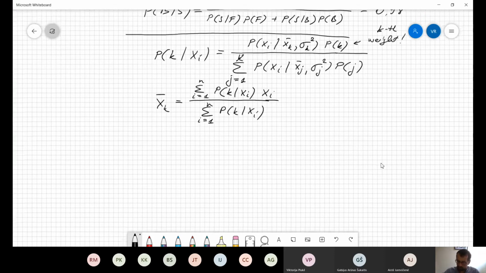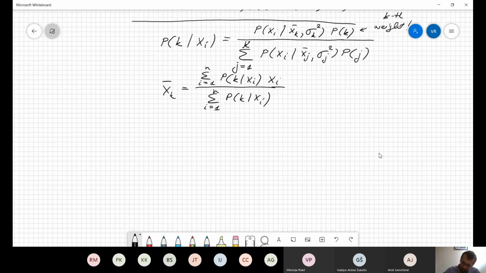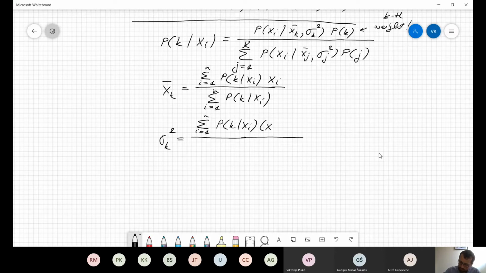Okay, so this is the calculation for the mean, and the calculation for the variance of each cluster is very similar. We follow exactly the same idea. We loop over all the values, and we multiply the squared difference between the mean of the k-th cluster and the observation xi.